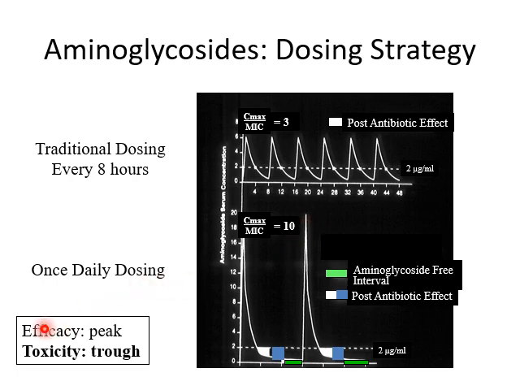So you see it here, efficacy, peak, toxicity, trough. This is not in bold, this is bold because we don't do this anymore. We used to do this in the past. However, now and in the past, we do the trough. What I mean by trough is here, right before you give the second dose, I want to make sure that the concentration is really below this line, 2 micrograms per ml.